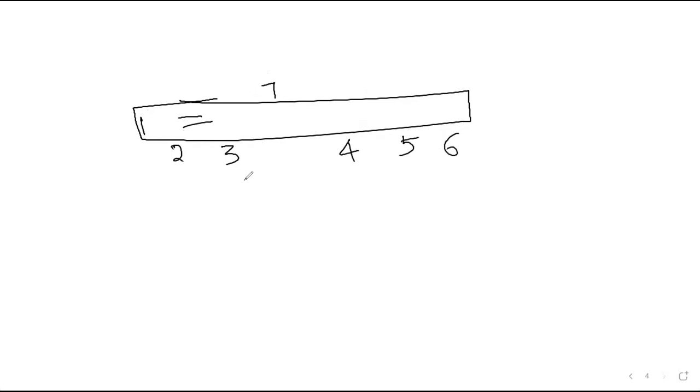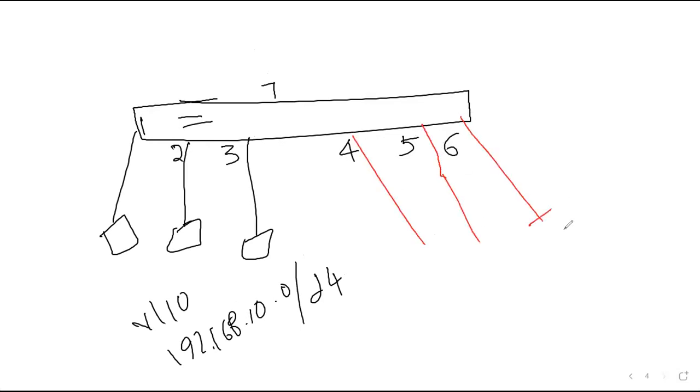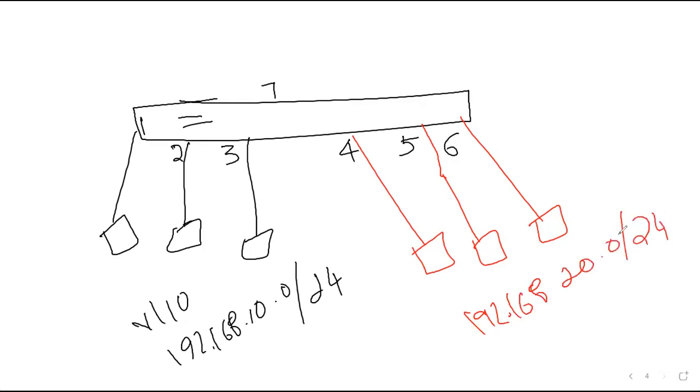Let me put port number 7 here. So here you can see you have 3 systems. This is supposed to be in VLAN 10 with the network 192.168.10.0/24, and this is in 192.168.20.0. The same old design.